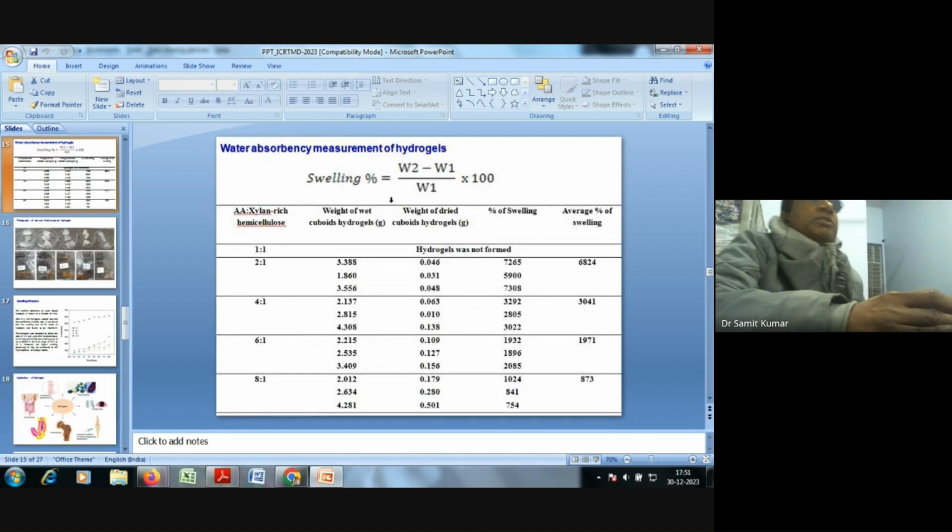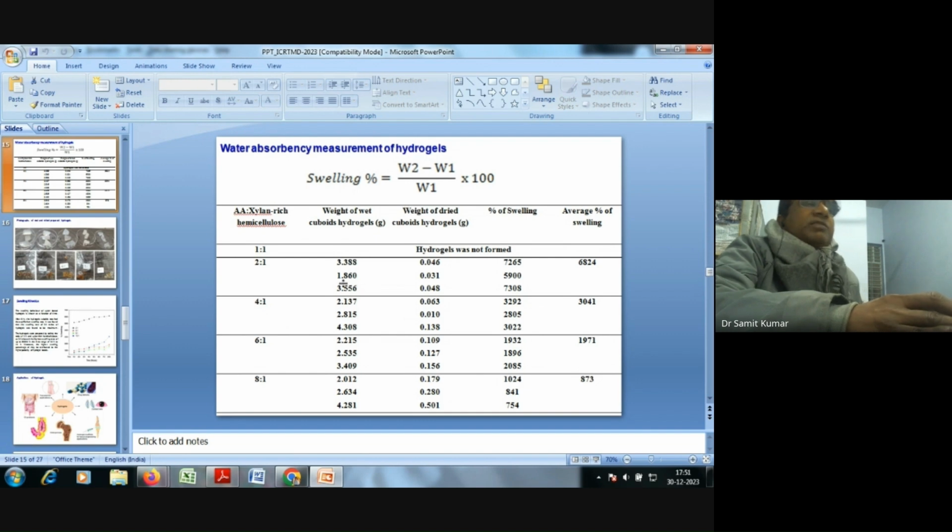After the preparation of hydrogel, we observe the swelling percentage. Swelling percentage is equal to W2 minus W1 divided by W1 into 100, where W2 is the weight of the swollen hydrogel, and W1 is the dry weight of hydrogel.